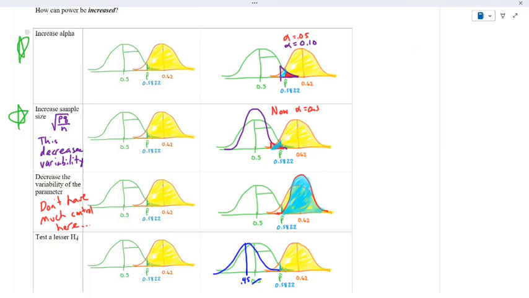So if we had been testing 0.45 instead of 0.5, then this whole orange or green curve that I had would shift over to the left by 5%, which would increase that power as well. The line has shifted to the left.